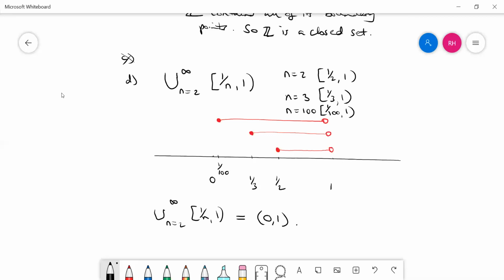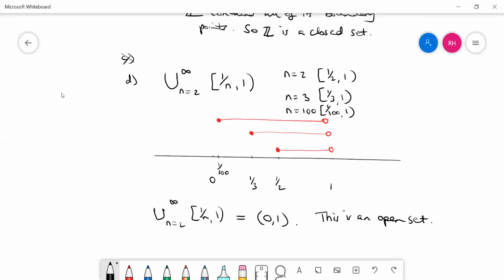Okay, and this is an open set. This is a case where you take an infinite union of sets that are neither closed nor open, and the result is an open set.